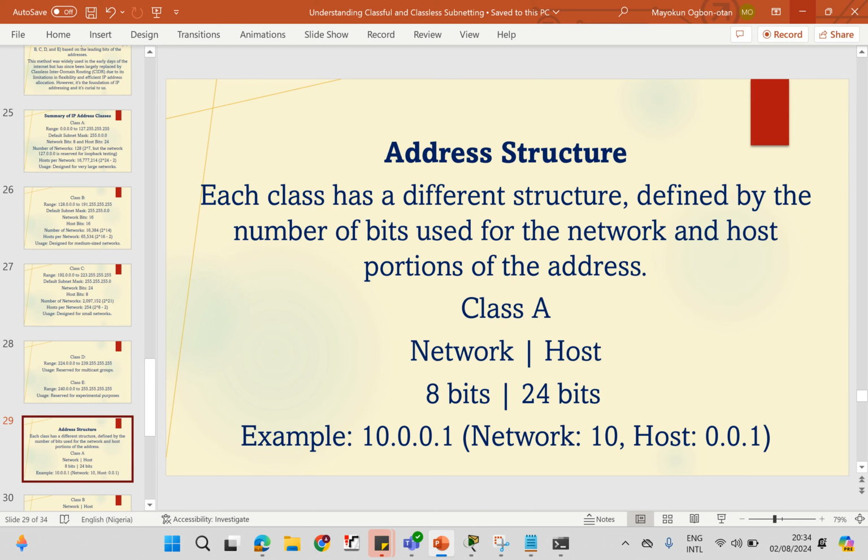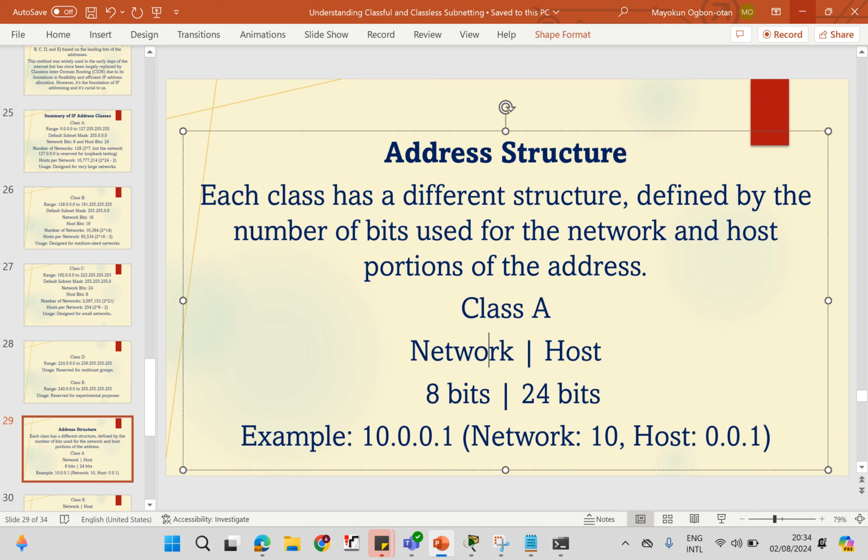So address structure. We've actually looked at all of this. Each class has a different structure defined by the number of bits used for the network and host portion of the address. Class A, the network is 8-bit, the host is 24-bit. Example: 10.0.0.1.